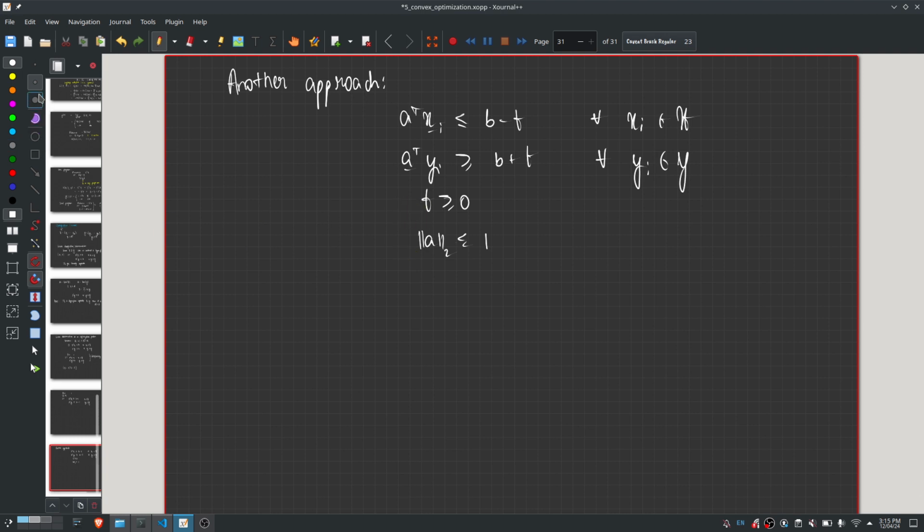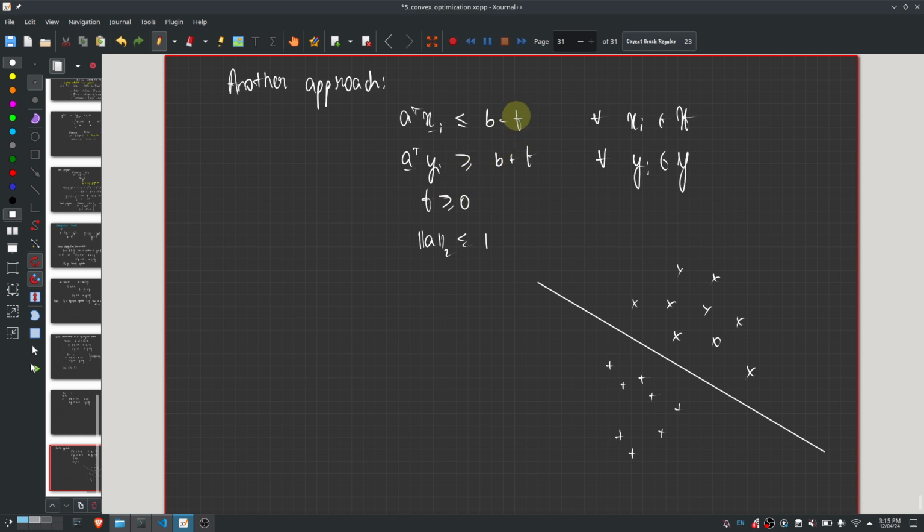So I'm given two sets of points. This is one set. This is another set. And there can be multiple hyperplanes that separate these. So this is one such hyperplane.